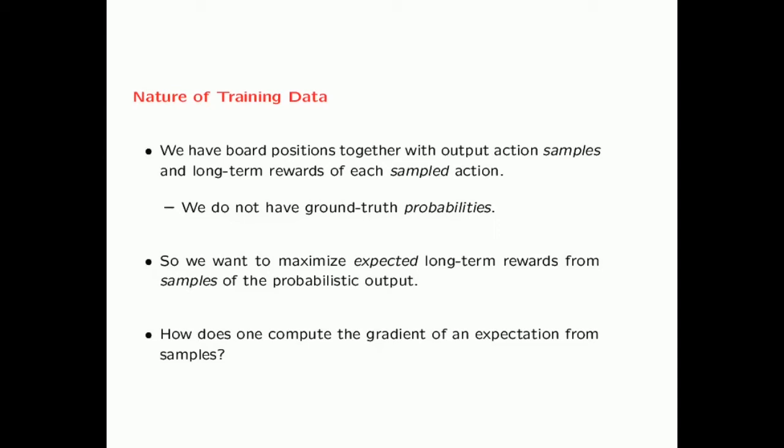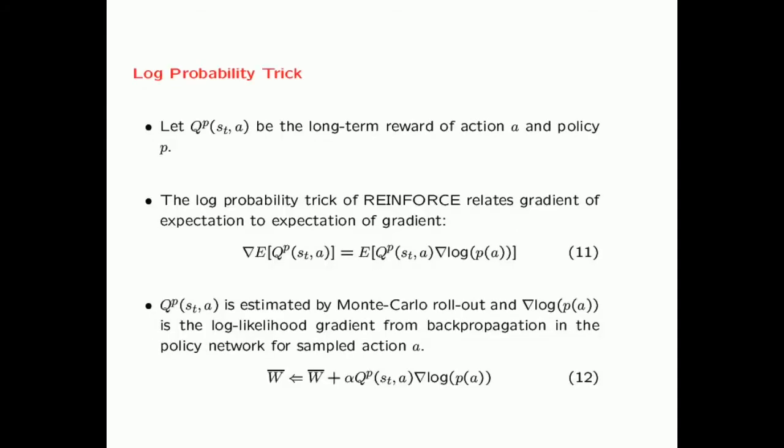Because here we have to compute the gradient of an expectation. Computing the gradient of an expectation is always challenging, because most of the time with neural network backpropagation, we are computing the expectation of the gradient, which is relatively easy because it is additive over the different samples. But computing the gradient of an expectation from samples suddenly becomes a lot more challenging.